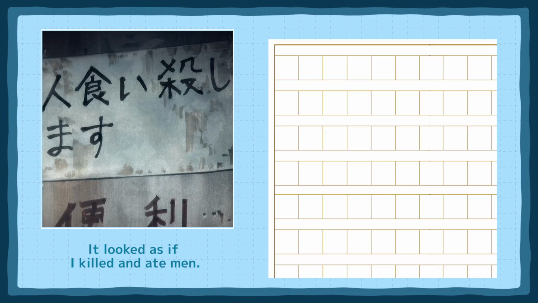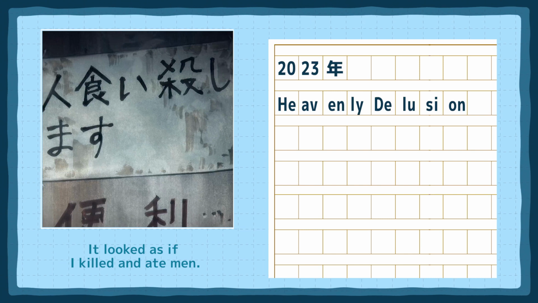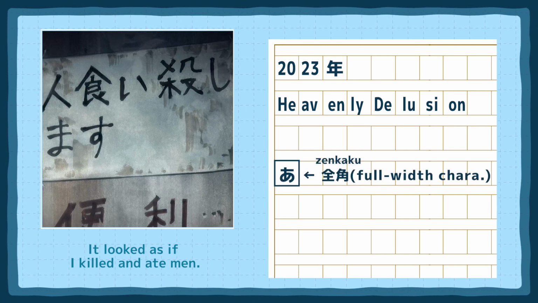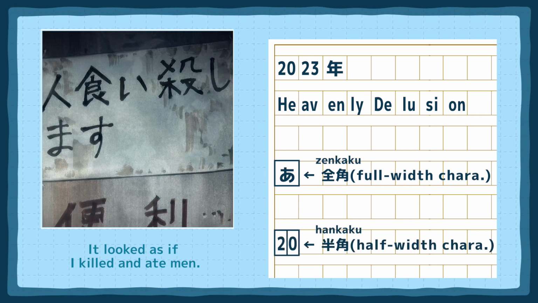About numbers and alphabet, as a rule, in horizontal style, you have two characters in one box. By the way, we call a character used in one box full width character, 全角, and numbers or alphabets used two characters in one box, we call this size half width character, 半角.